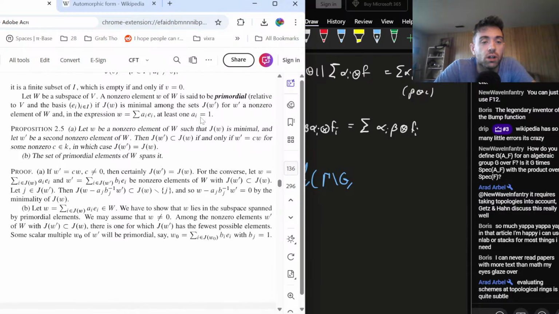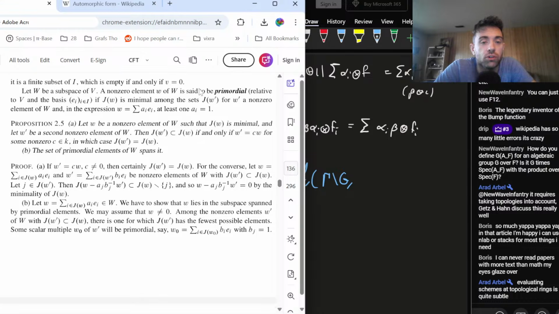A non-zero element is said to be primordial relative to the basis if JW is maximal among the sets JW prime for W prime a non-zero element of W. And in the expression, at least one of these is equal to 1.